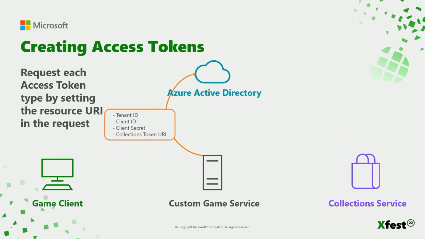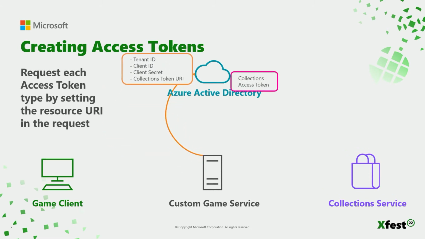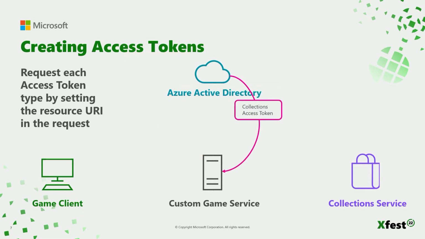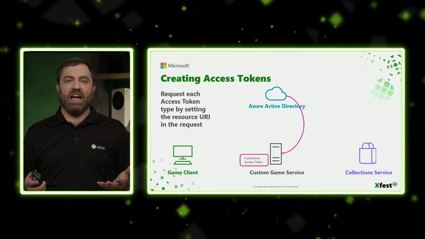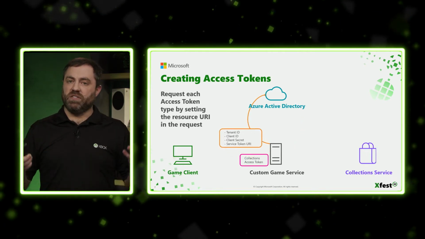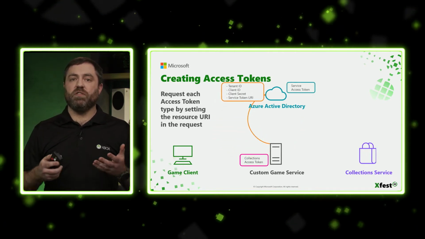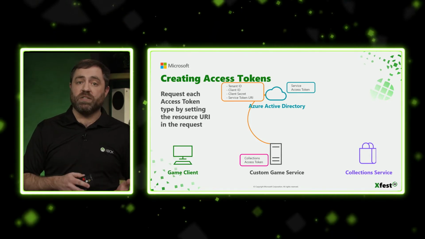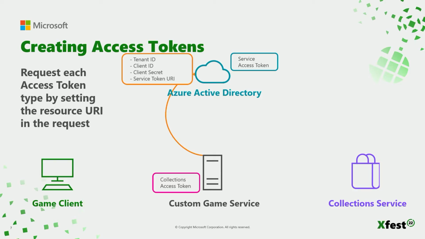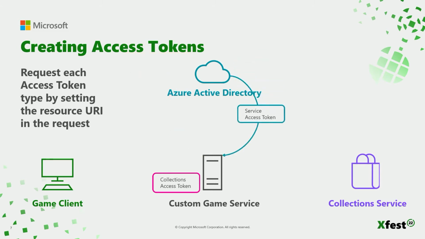This generates the collections access token that is sent back to our service where it will be cached. Second, we generate a service access token using the same IDs, but changing the resource parameter in the request to correspond to a service access token. We also take this and cache it for later use on our service.